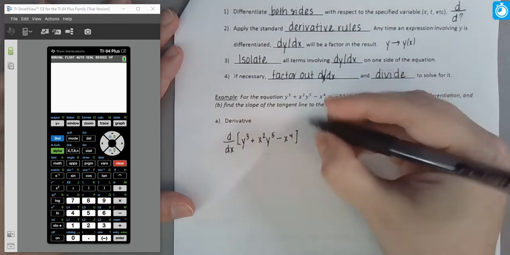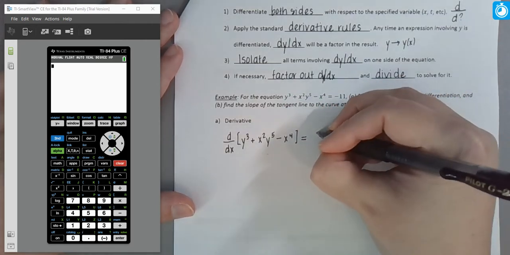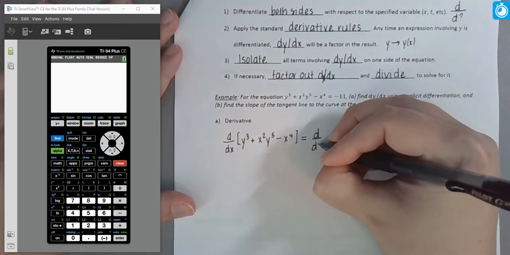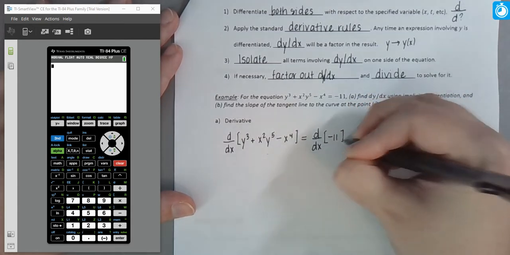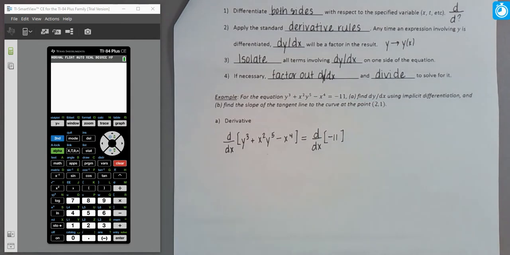Okay, and whatever we do to one side, we do to the other side as well. So take the derivative with respect to x, also of negative 11. Now, first off, if you look at the right-hand side, we're just taking the derivative of a constant. Notice there's no variable involved, period. The derivative of a constant is always just 0. So that means the right-hand side is just going to be 0.